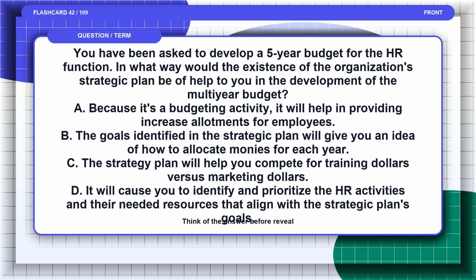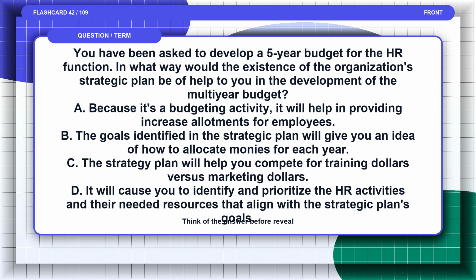Flashcard 42. You have been asked to develop a 5-year budget for the HR function. In what way would the existence of the organization's strategic plan be of help to you in the development of the multi-year budget? A. Because it's a budgeting activity, it will help in providing increased allotments for employees. B. The goals identified in the strategic plan will give you an idea of how to allocate monies for each year.